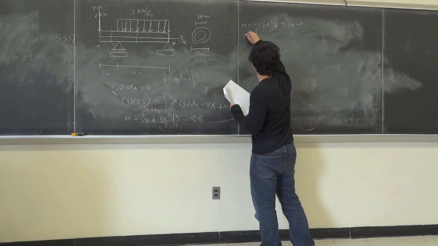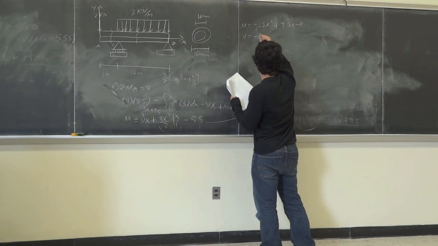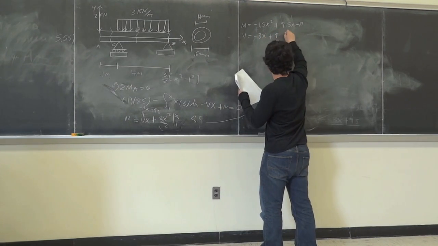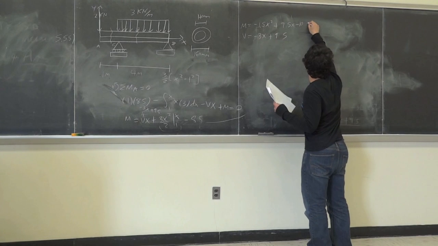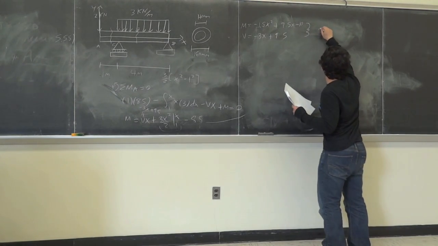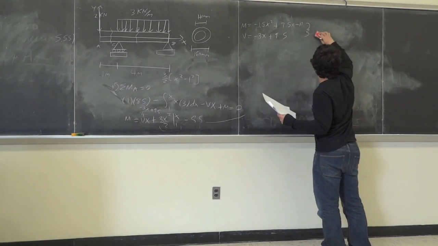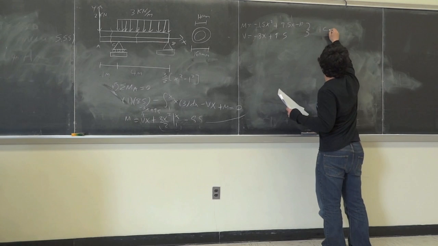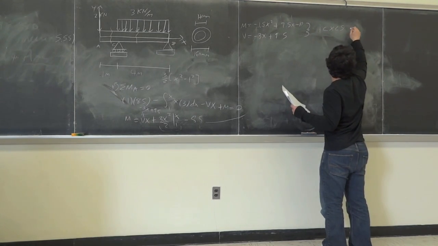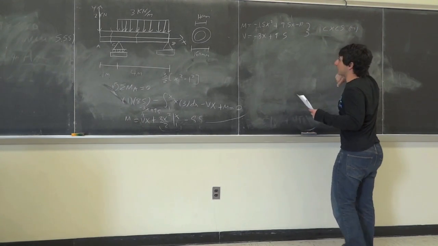For this section we found V is equal to minus 3x plus 9.5, and this is for 1 less than x less than 5 meters. That's for this section.